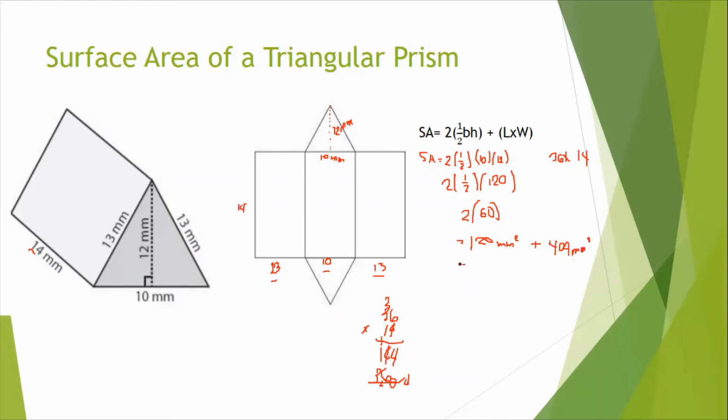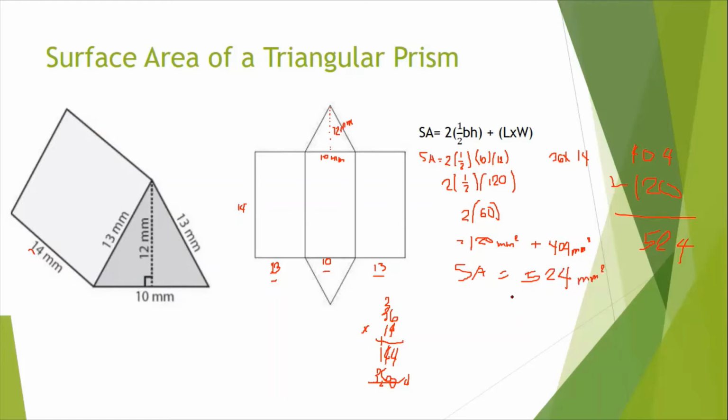We get a total surface area of 120 plus 504. The answer is 624. So the total surface area of this triangular prism is 624 millimeter squared.